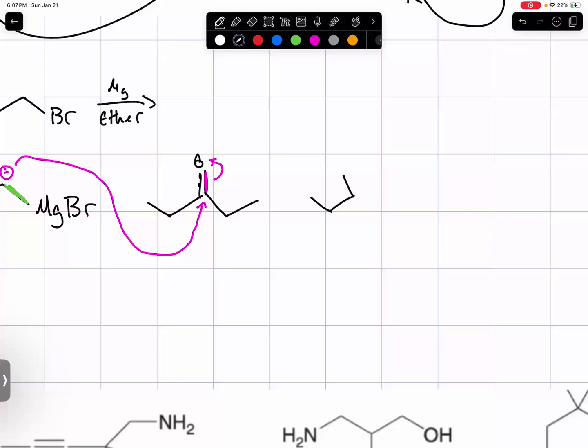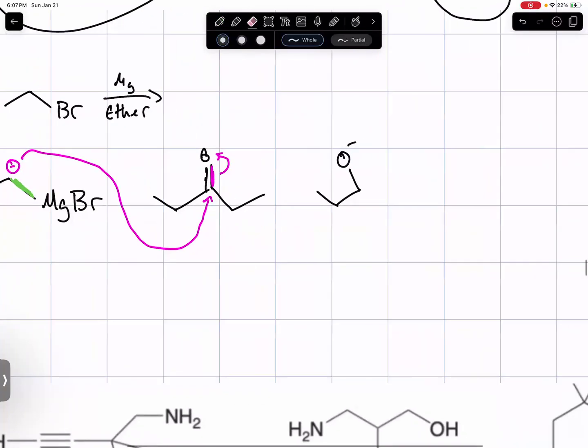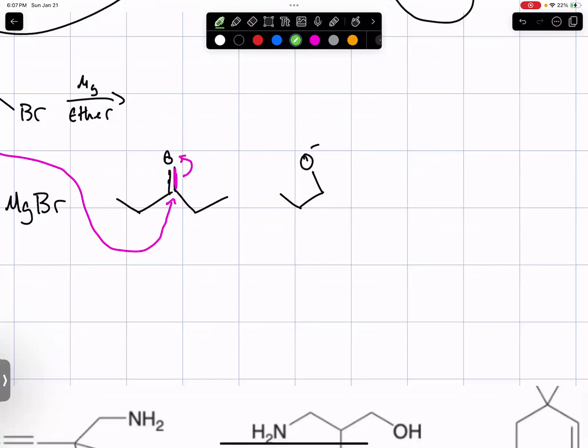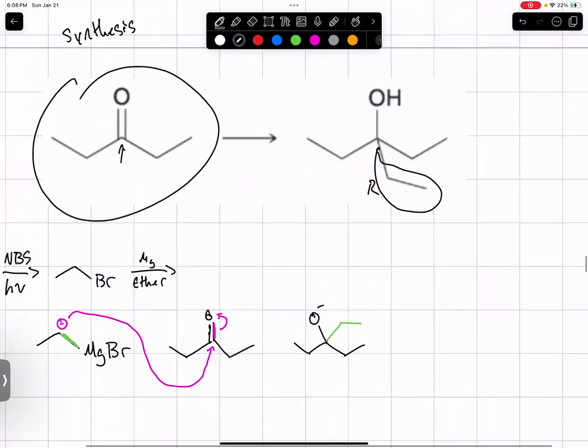This intermediate now has a negative charge on that oxygen. That's what we represent as an alkoxide ion. And then we're also adding this ethyl group to the molecule. So let's add that ethyl group in green. And we still have the other ethyl group from our parent structure, okay? And now this looks very similar to our final product.